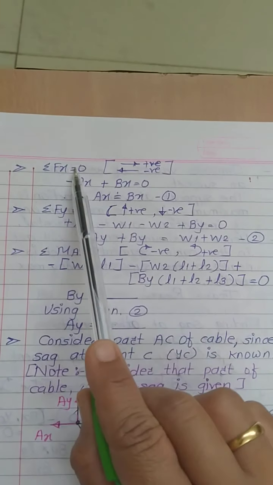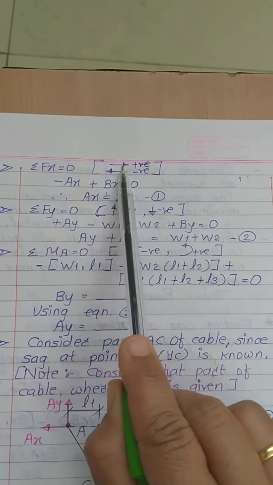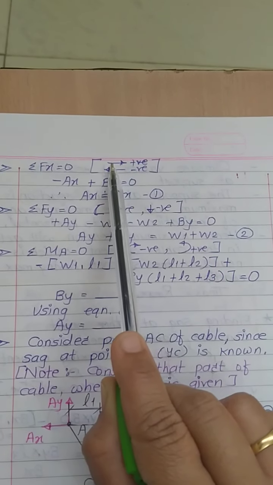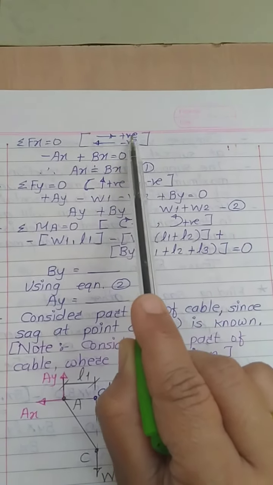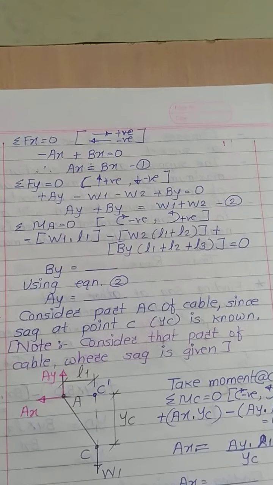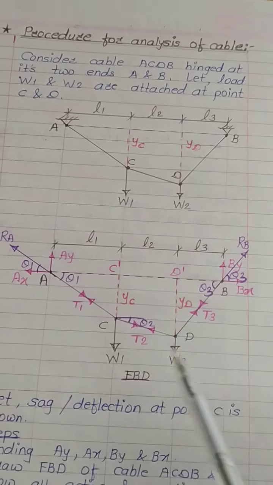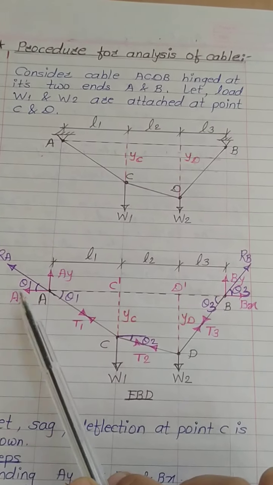For applying this condition of equilibrium, I have to assume some sign conventions. So here I am going to consider forces going towards the right side as positive and forces going towards the left side as negative. Now if you observe this force system, there are only two horizontal forces, AX and BX.